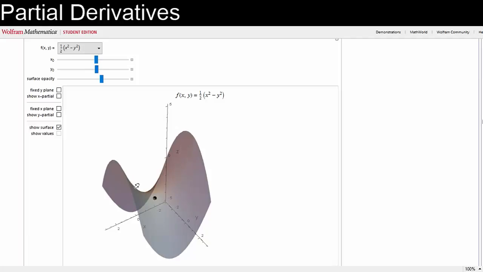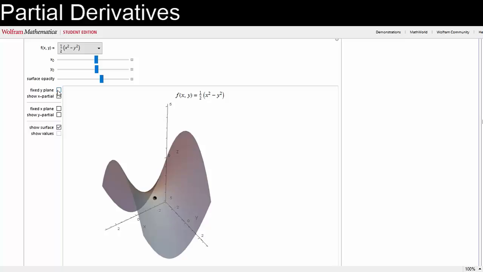So when we're thinking about the partial derivative of a function with respect to x, we're saying it's the rate of change in the x direction. So what are we doing here? Well, what that means is we have to fix a particular value for y. Because remember, the way we compute partial derivatives, in the equation for the definition with the limit, y is kind of a constant there.